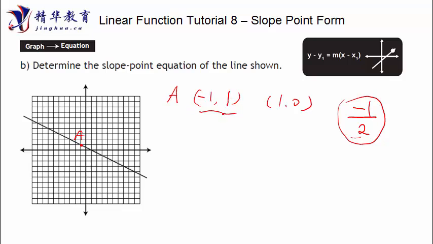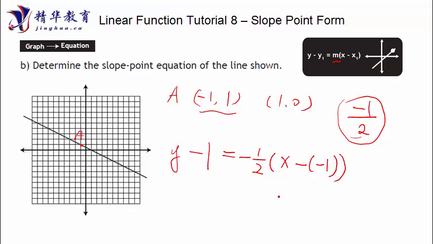Because this is any point on the line, as long as we know the slope, then y equals negative half, which is our m here, in brackets x minus the x value, and then y minus the y value, and make them equal.